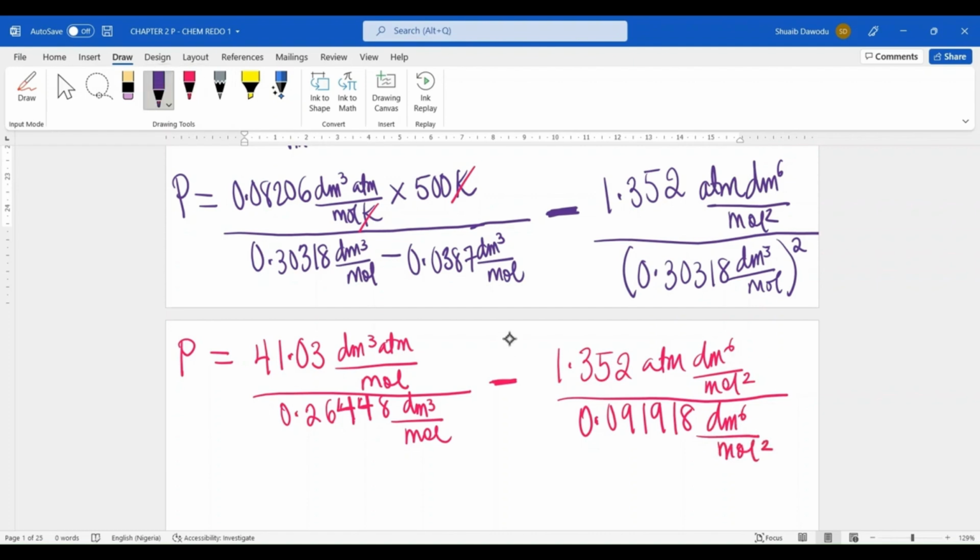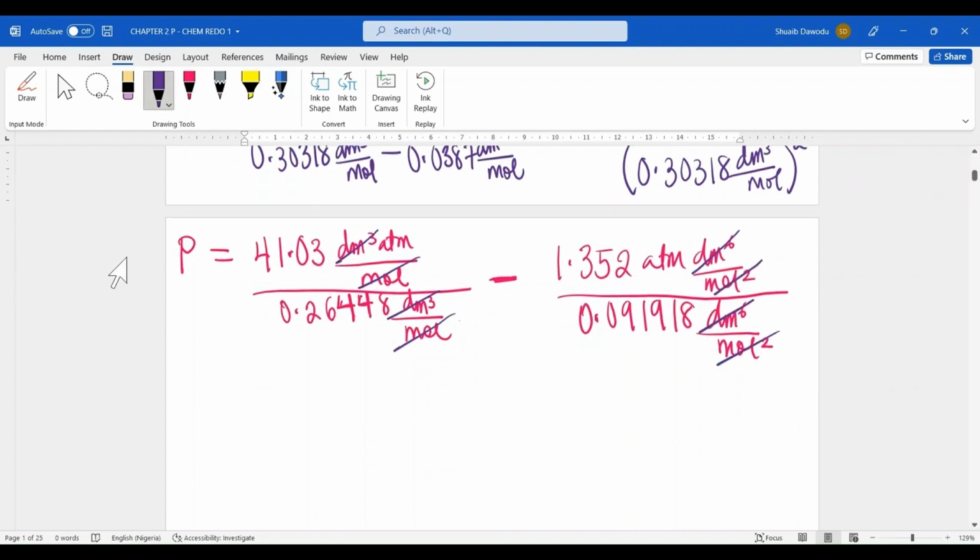So that's how it's done. Cancel out decimeter cube, mole, decimeters to the power 6, and mole squared. So you've canceled out all of the units, leaving only the unit that you need, which is just atmosphere, because we're actually solving for pressure. So that just makes sense.